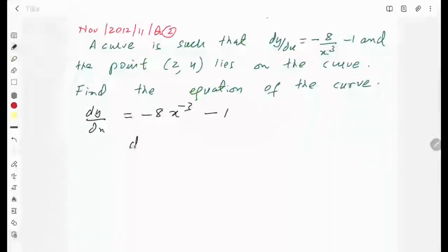But before that, you have to do separation of variable.